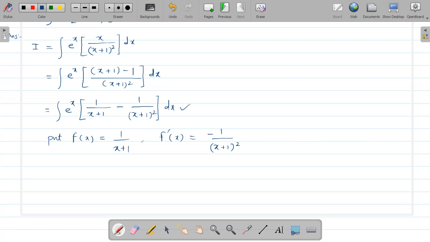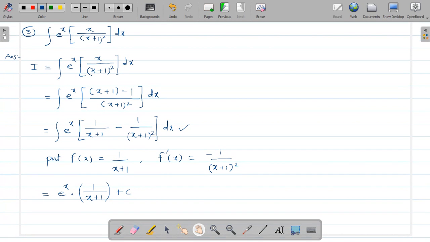So after this adjustment we get the integration in that form, and hence the answer of this integration will be e raised to x into bracket 1 upon x plus 1 plus c. Okay, so in some questions we need the modification like this, otherwise some questions are straightforward.